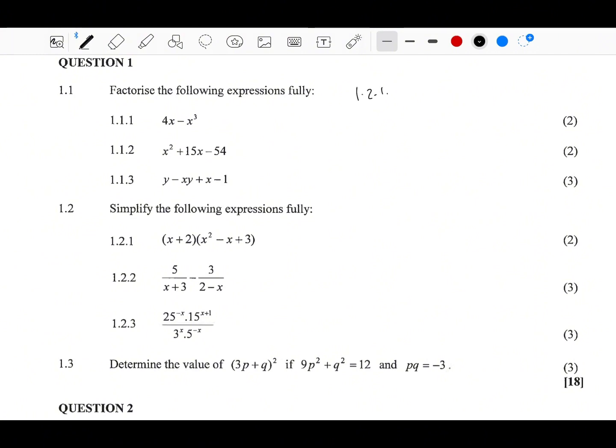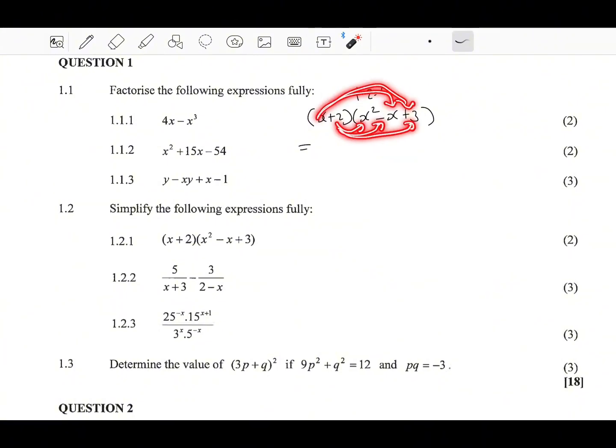1.1.2.1. So the way you would do it, we have x plus 2 times x squared minus x plus 3. So what you would do is you need to remove the brackets essentially. So we say x times this, and then x times that, and then x times that. And then again, 2 times this, and 2 times that, and 2 times this. Okay, so that's basically how you remove the brackets.